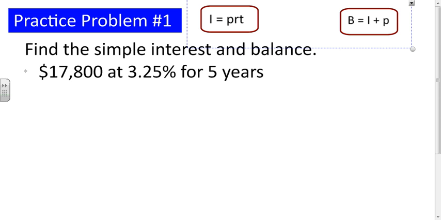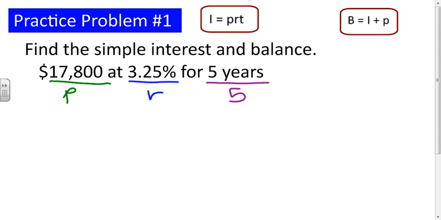All right, so here you want to find the simple interest and the balance. I'm going to use our formulas again, so let's just identify what we have. I know that 17,800, that's my principal. The rate is 3.25%, and the time is 5 years.